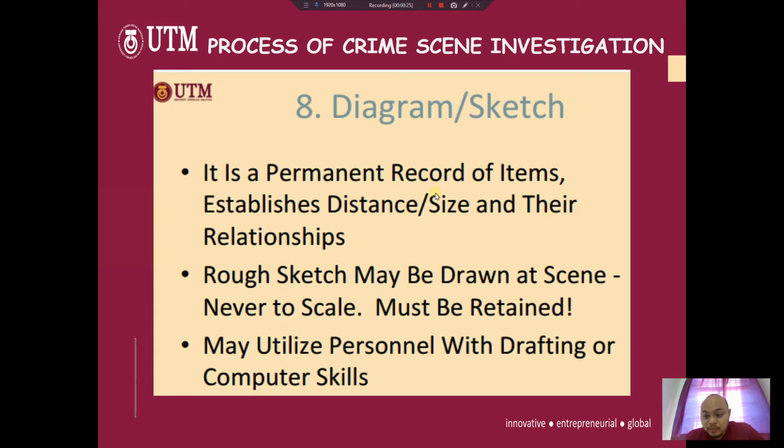But through the sketch, we can establish the distance and the size of the crime scene. From the photograph, it's not possible to do that. But from the diagrams, we can somehow establish the distance and size. And then in the diagram and sketch, we can also establish the relationships.